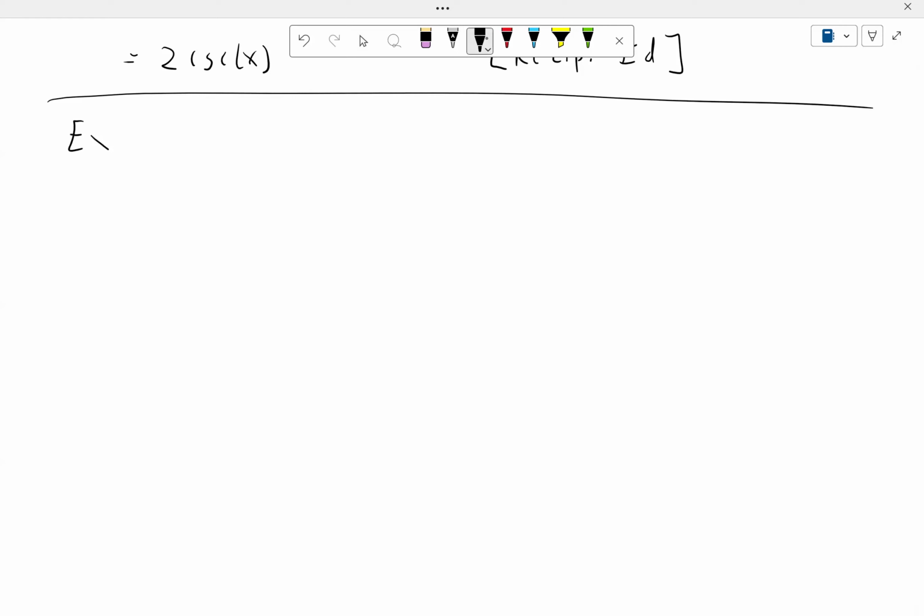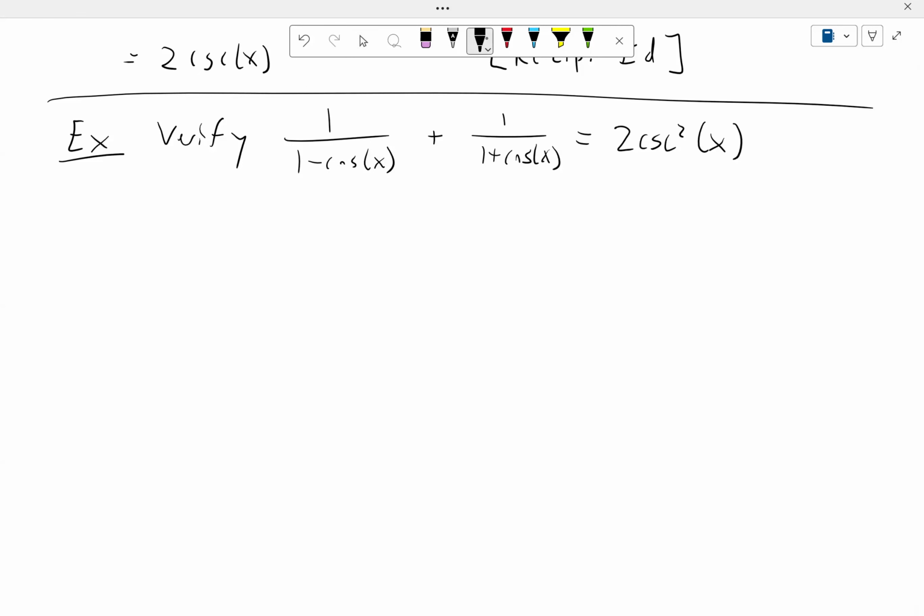Let's verify this identity. What if we have 1 over 1 minus cosine of x plus 1 over 1 plus cosine of x? And we're going to verify that that's actually equal to 2 cosecant squared of x. Okay, so let's try that out. Again, I'm going to start with a more complicated side, which to me looks like the left-hand side.